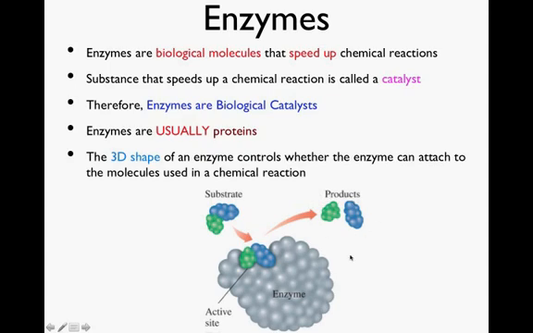There are a couple of terms that I want to point out. This is the enzyme. The little divot here, the part of the enzyme that is shaped so that it can snugly fit this material, is called the active site. That just means the part of the enzyme that actually attaches to the molecule that is converted into something else. That's called the active site.